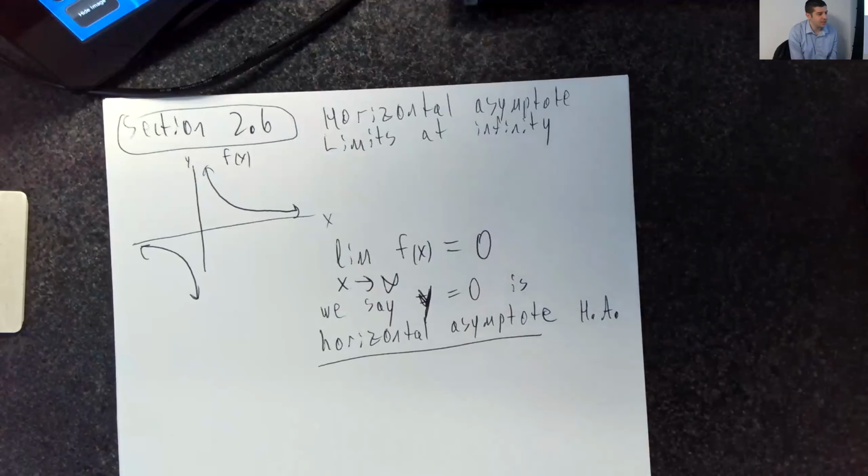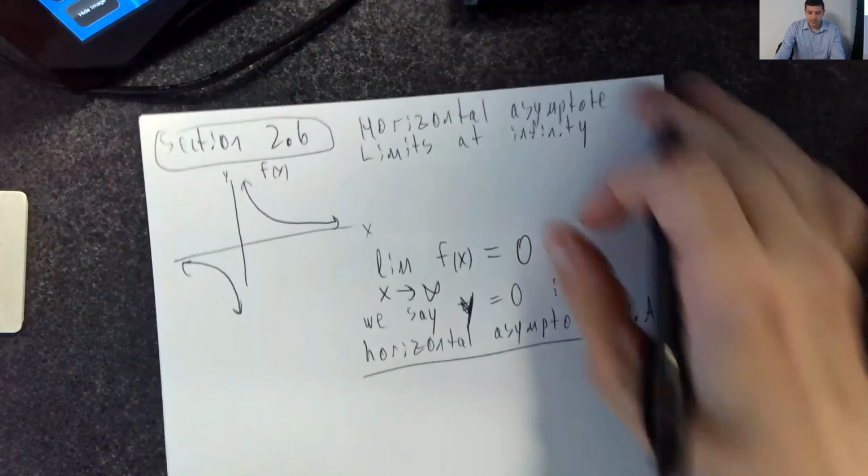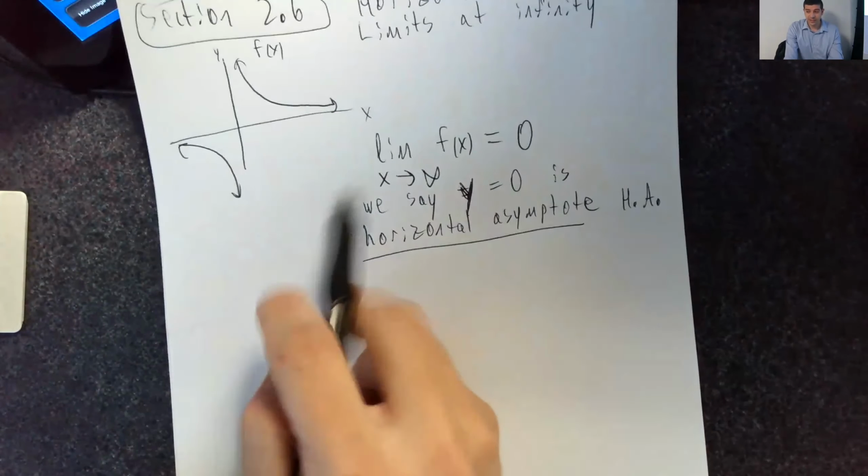So VA, HA. Remember it by ha. Horizontal asymptote. Okay. That's when x is getting really large.